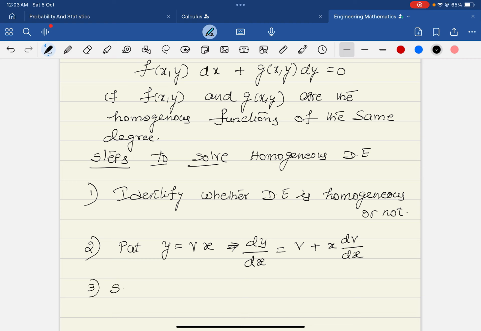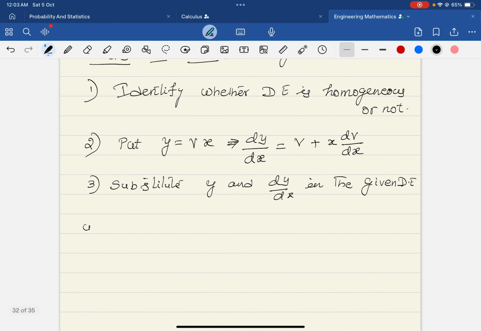Now what we do is we plug these two values, substitute this y and dy by dx in the given differential equation, and then solve the differential equation.